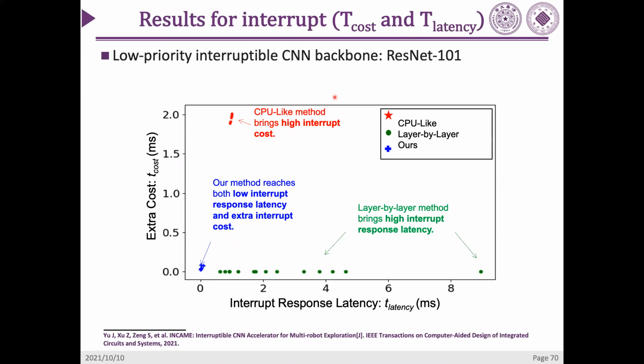The CPU-like method brings a very high interrupt cost because you need to back up a lot of data. With the layer by layer method, you don't have a stable interrupt response latency, because some layers need a long time to calculate. So our method achieves very good results.